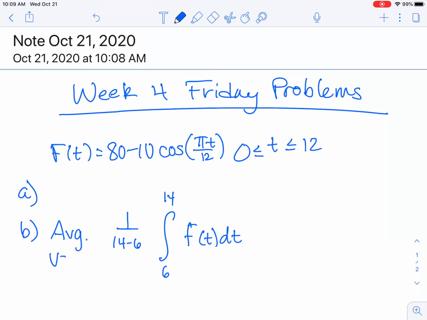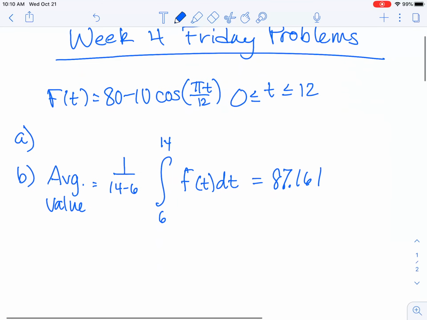Go do that with your calculator, and you end up with 87.161 or 162. But it said nearest degree. They do take points off for that. So which is approximately 87 degrees Fahrenheit, and that's what they were looking for.